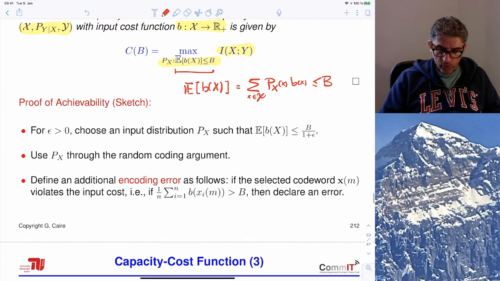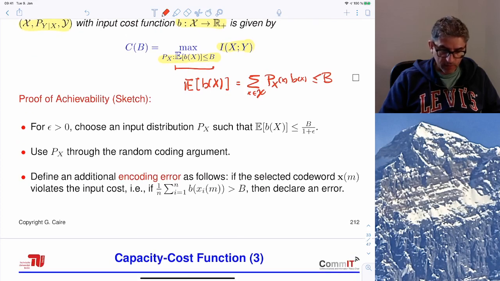I'm going to go through the achievability and converse proof maybe in one of the live sessions, because otherwise this lecture becomes too long. The proof is not difficult. It is just a slight variation of the proof that we have already seen, where we also have to control the probability of the event that some code words may not satisfy the cost constraint.